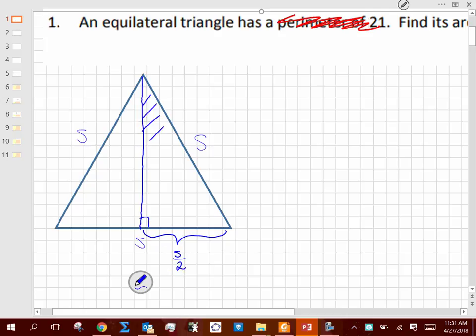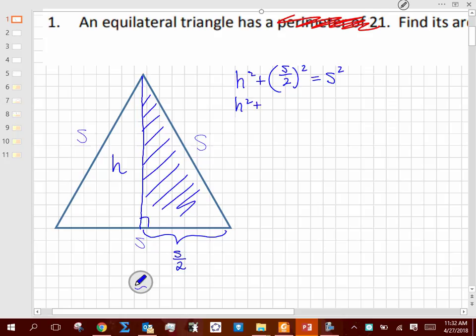Now, in this triangle, can you find H? Can you say that H squared plus S over 2 squared is equal to S squared? Okay. So we have H squared plus S squared over 4 is equal to S squared.